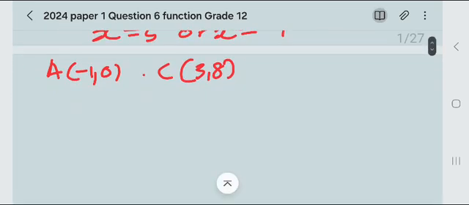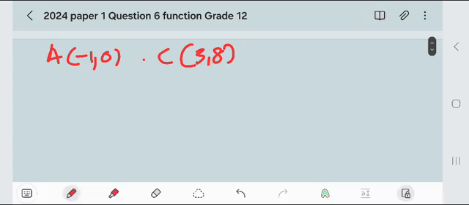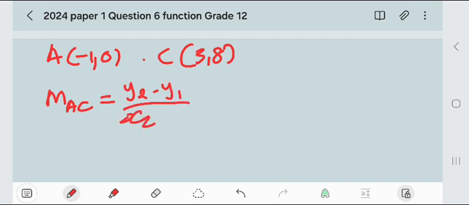We can calculate the gradient. So easy now. The gradient of AC must be equal to y2 minus y1 over x2 minus x1.